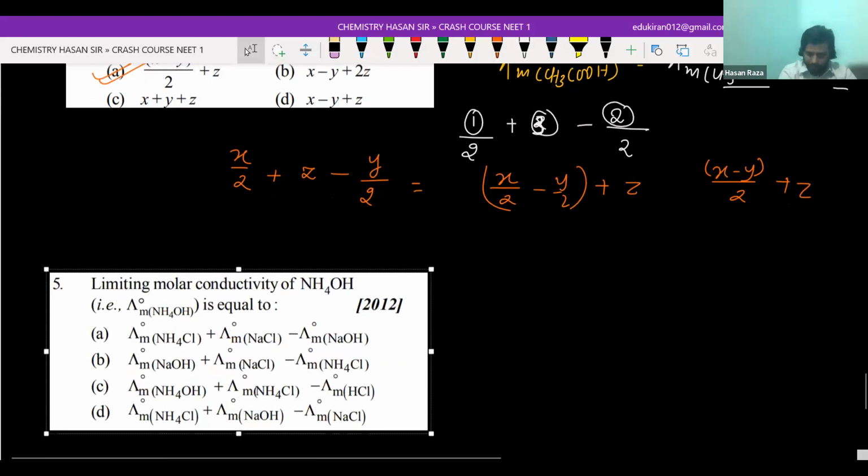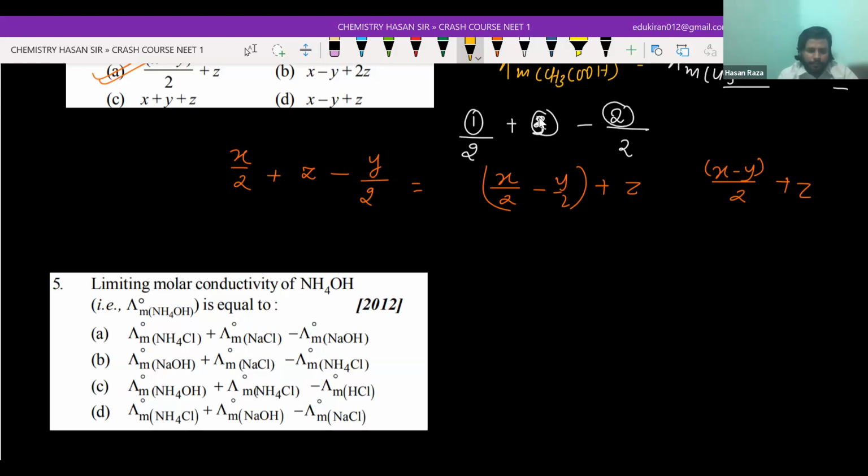Limiting molar conductivity. The next question. Very good.